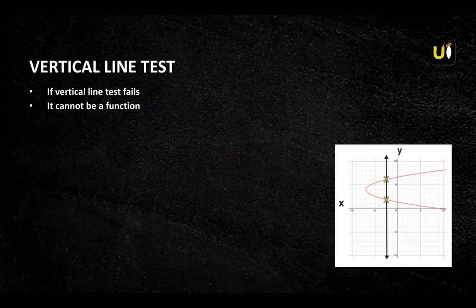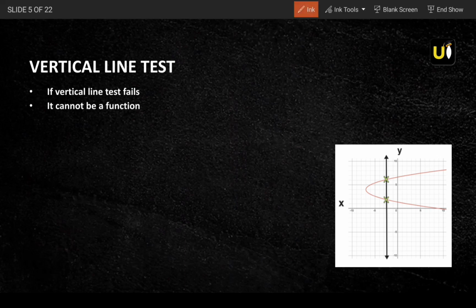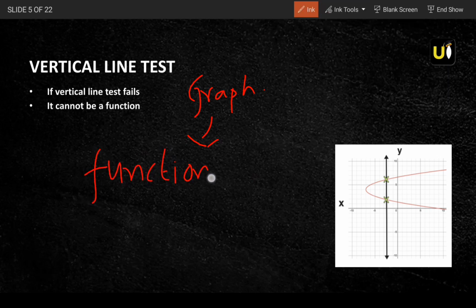Okay, now let's see what is vertical line test. This is a test performed on a given graph to determine whether the graph represents a function or not. Basically what we do in this test is, suppose we are given a graph like this.